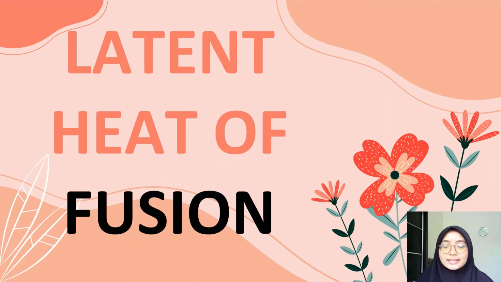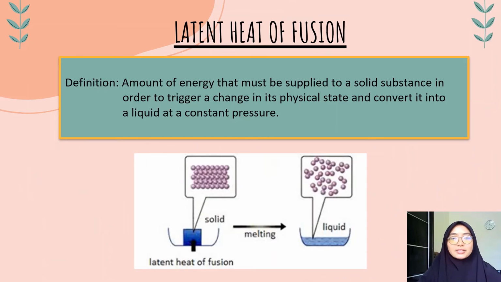Next, we move to latent heat of fusion. So what is the meaning of latent heat of fusion actually? The definition of latent heat of fusion is the amount of energy that must be supplied to a solid substance in order to trigger a change in its physical state and convert it into a liquid at a constant pressure. The particles in a solid vibrate about their fixed mean position.